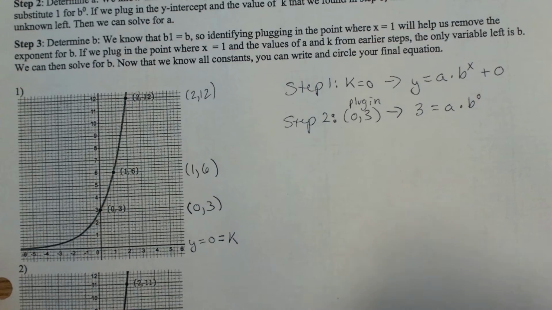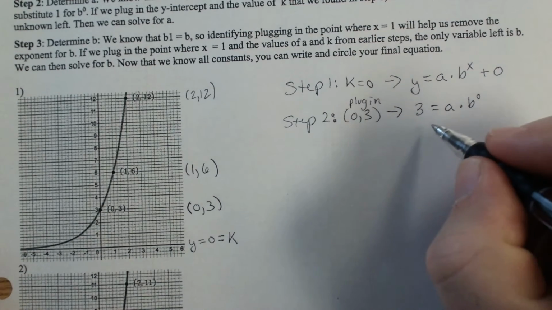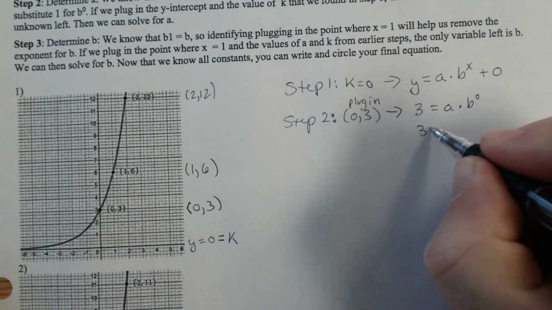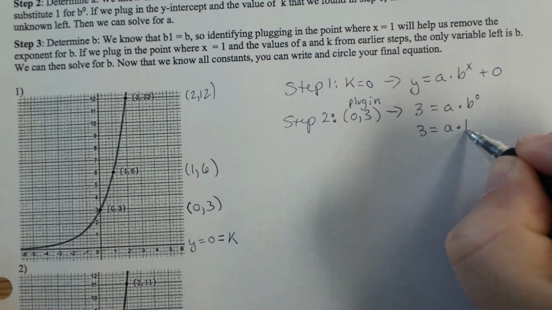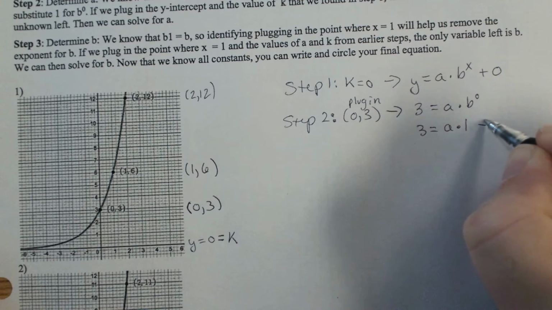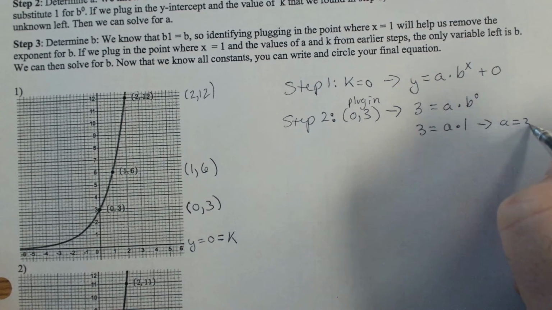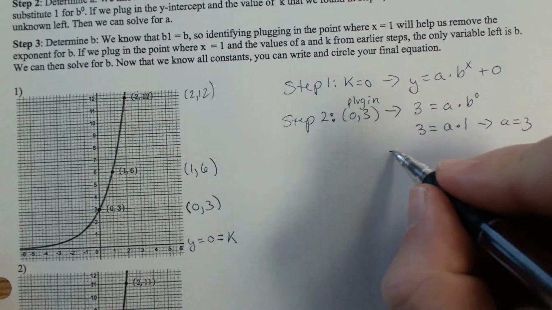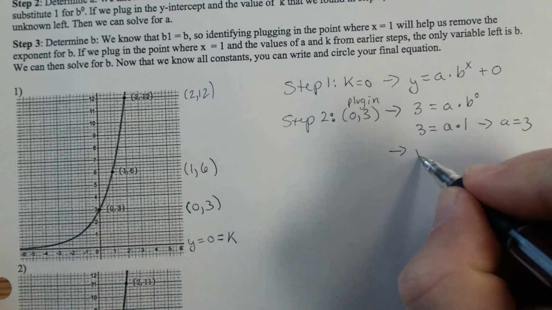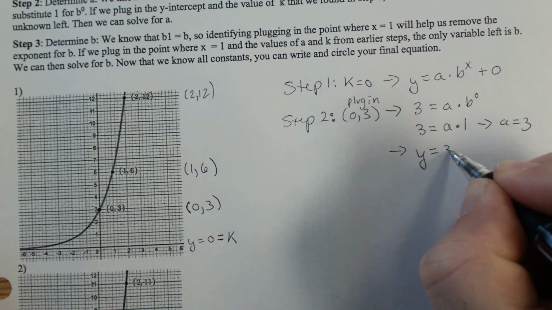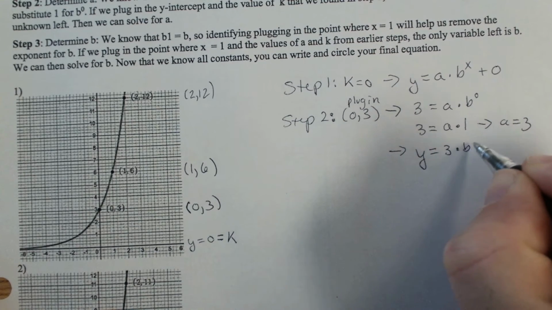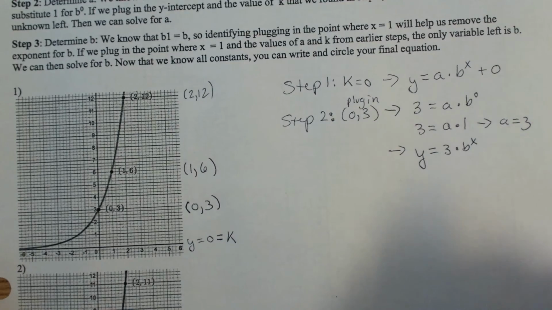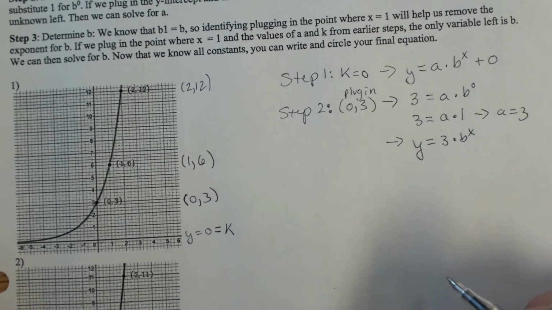So we'll just say 3 equals a times 1, which is simply a equals 3. At the end of each step here, I'm going to rewrite the equation with the new information we have. So y equals 3 times b to the x.